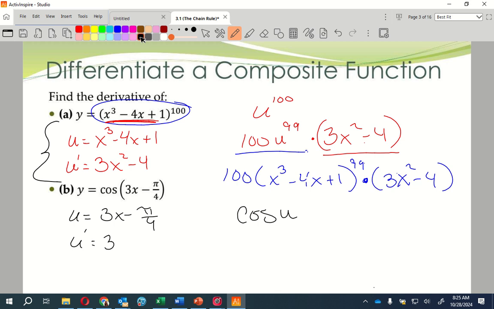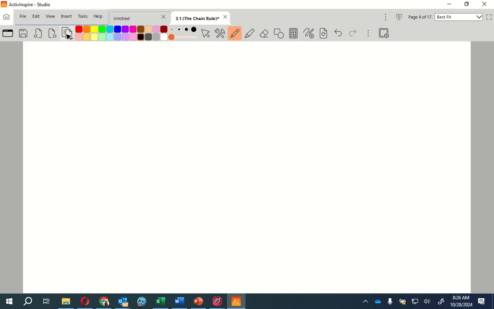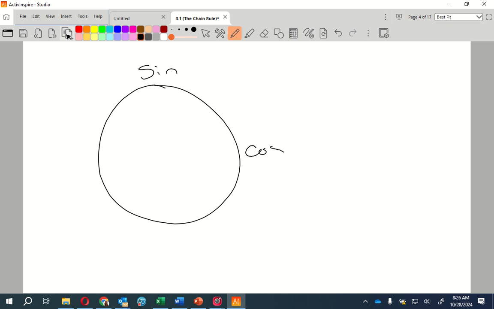Think of the circle. Where's cosine on the circle? Remember the derivative circle, we start here with sine. Okay, so cosine, negative sine, and this is going this way.